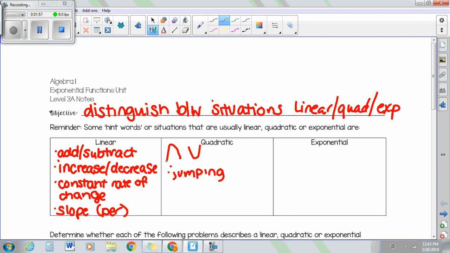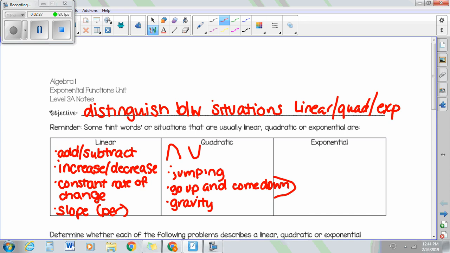Because it has that go up and then come back down motion. Anything where it's going to go up and come down, or the opposite, go down and come up, those situations are usually quadratic. Or anything to do with gravity tends to also be quadratic. Anything that kind of follows that motion would be quadratic.